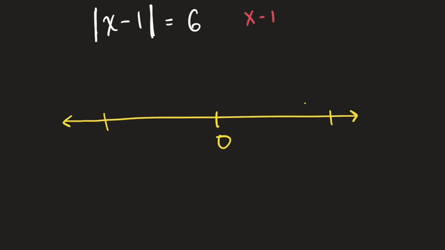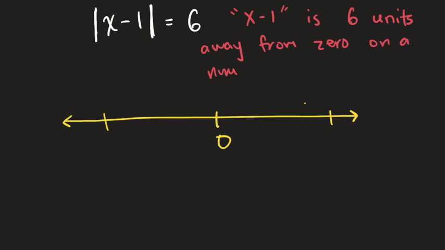The expression x minus 1 is 6 units away from 0 on a number line. Do you see how I'm applying word for word the definition of absolute value to this specific equation?